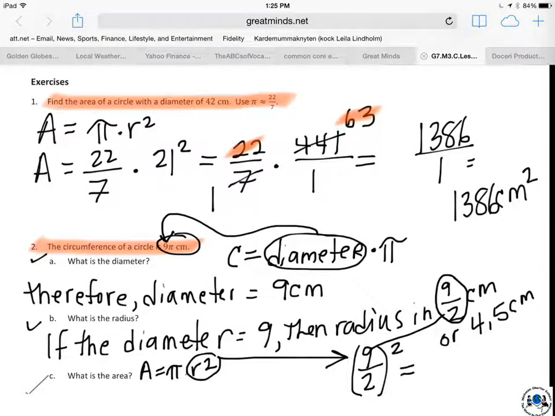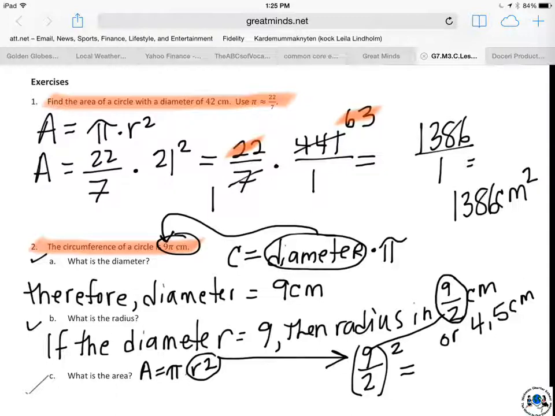Now, let me be very careful in this. When I square a fraction, very important, and maybe some of you have done it before, or this will be your first time ever doing it. We'll probably have to talk about this much more later on. We are going to square both the numerator and the denominator.